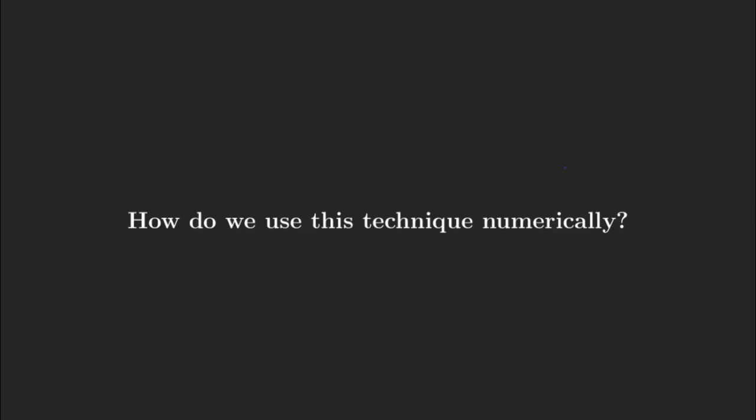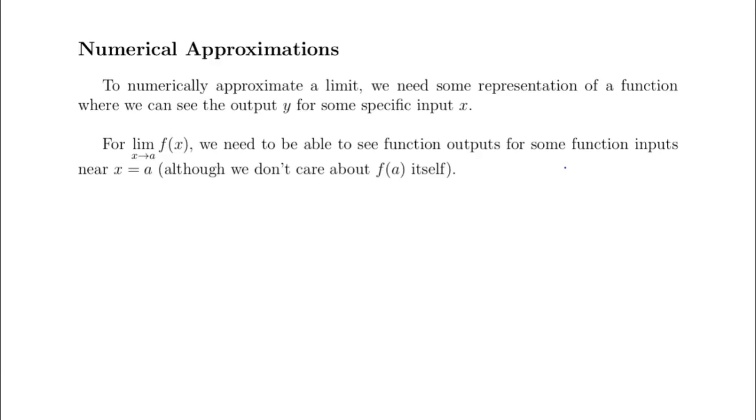So what we're going to do is translate this technique to something that we can use with a numerical representation of our function. So here's our setup. We're going to numerically approximate this limit, and we're going to think about that representation of our function, which maybe doesn't make a lot of sense until we see what it is. It's just a table of values. This is something that we've seen since the very first time we really learned about functions, probably.